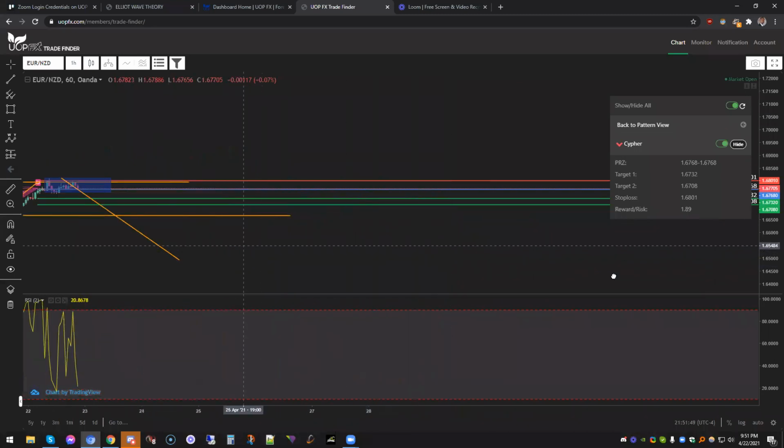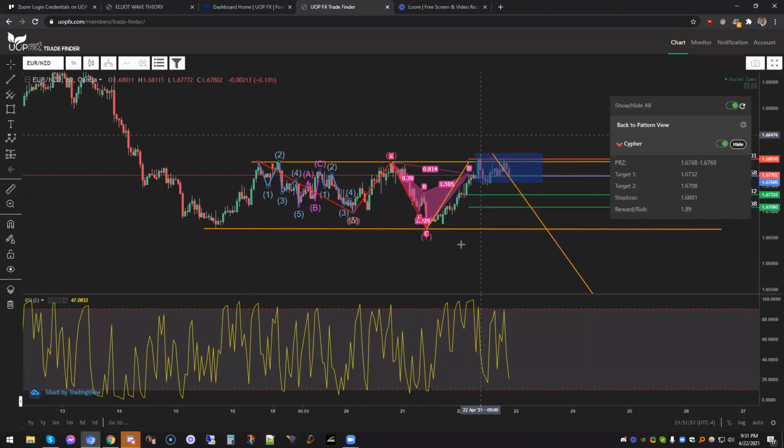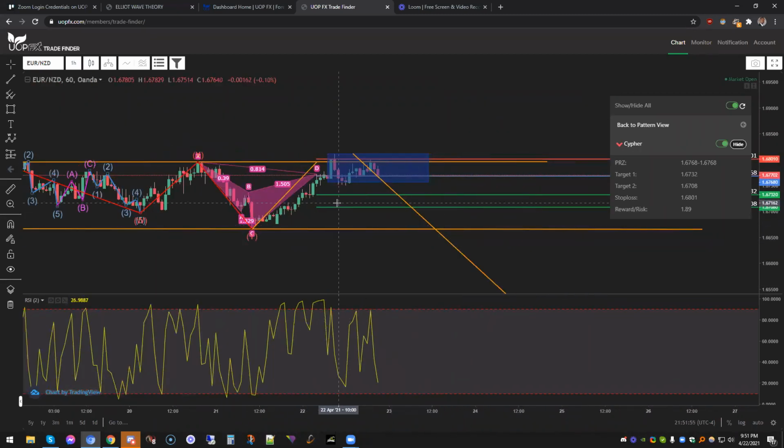I'm not clear on what you mean by that. Do you mean this green bar? Is this the green bar you're talking about? This one right here? Yes?